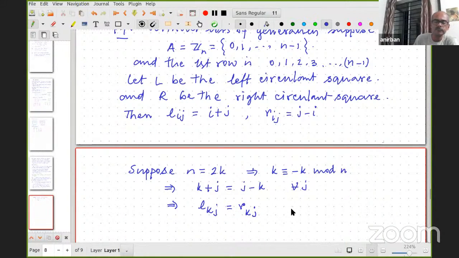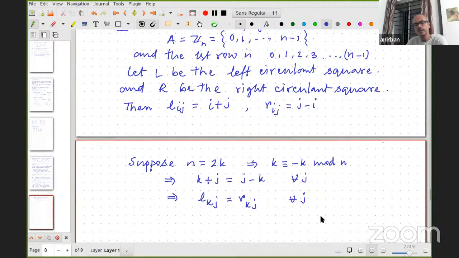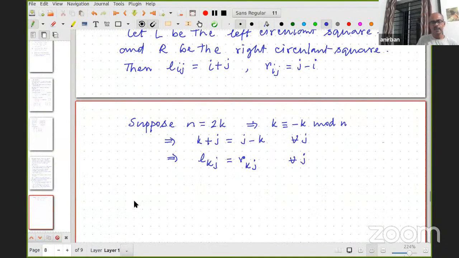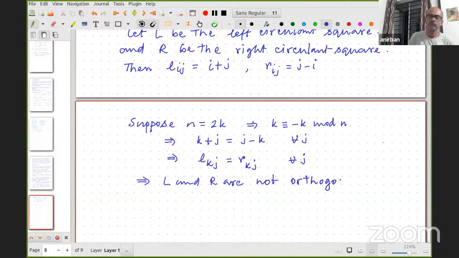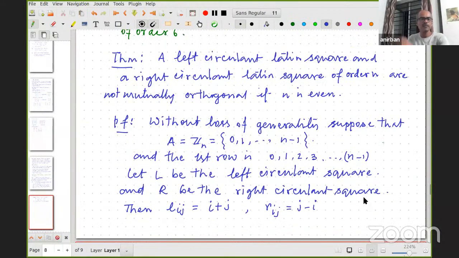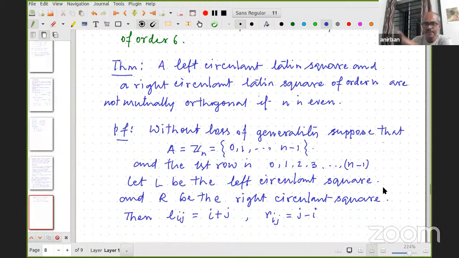So these entries are always equal for all k, all j, and that says that L and R are not mutually orthogonal. So that's the statement we wanted to prove, that if n is even, then this trick doesn't work.